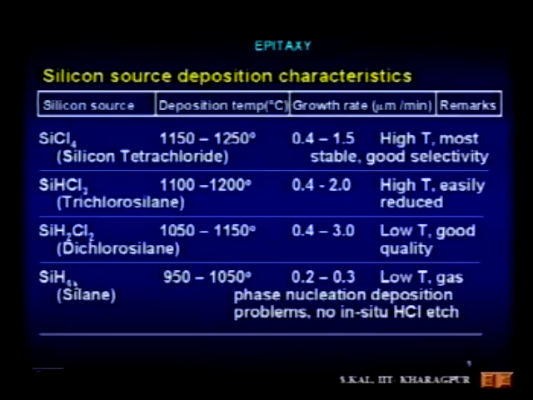And the fourth one is the SiH4 silane reaction, that is pyrolysis of hydrides of silicon, taking place at 950 to 1050 degrees centigrade, and here the growth rate is a little bit low, 0.2 to 0.3 micron per minute. The advantage is a low temperature reaction, but there are disadvantages: gas phase nucleation and deposition problems, and no in situ HCl etch, because the byproduct is hydrogen, not HCl.